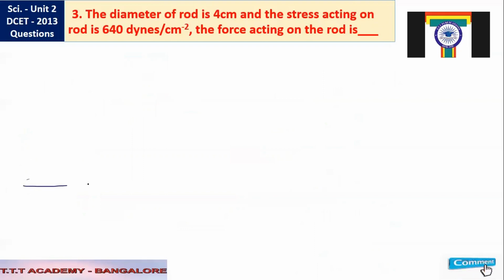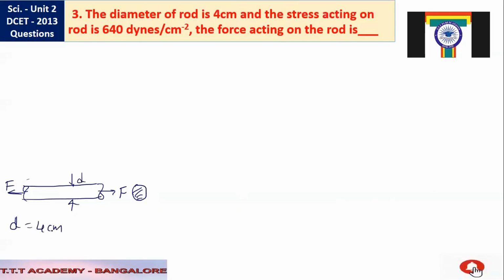Suppose you consider this is a circular rod. If you apply a force F on both ends, then we need to find the area of the rod. Before that, the diameter of the rod is given, D equal to 4 centimeter.